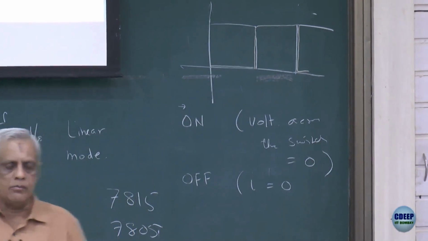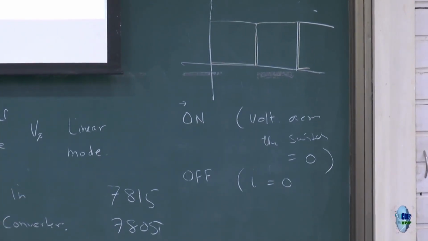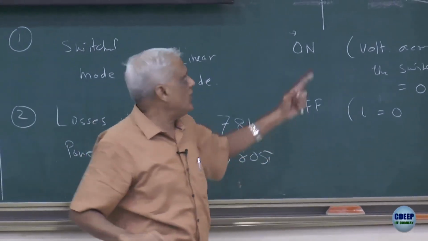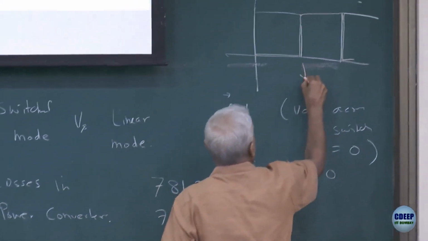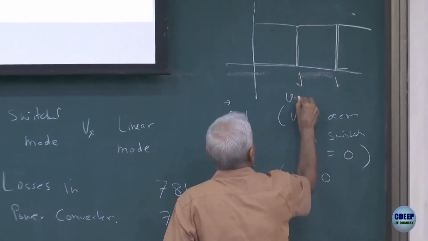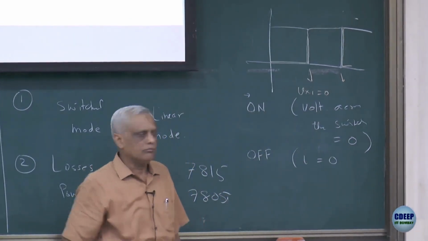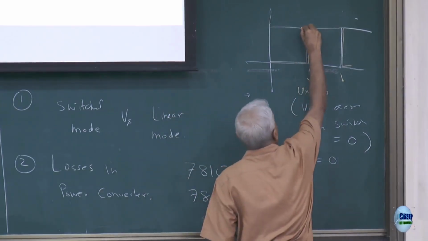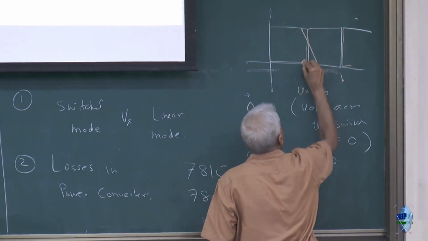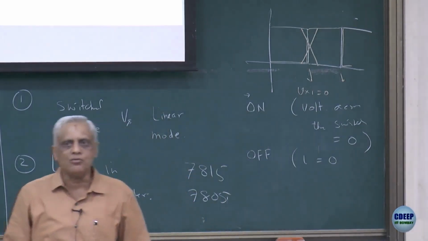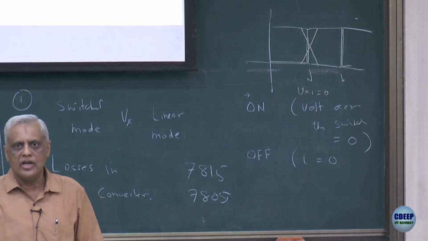Please try to see if you can make out, the colors are not very different, but try to make out, one of them is voltage, the other is current. But that does not happen. If this happens at this transition, your V into I will be 0, but actually it is something like this. It goes like this and like this. They take some finite time to go up or down when you are switching the device.